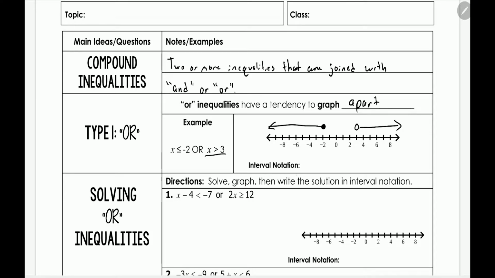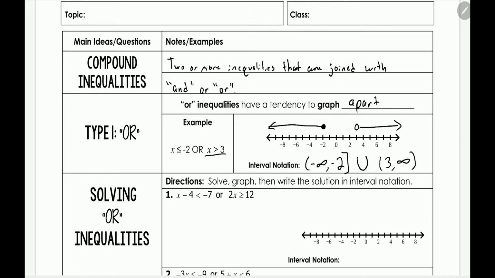So for the interval notation, we have negative infinity, comma, negative 2, and this has a bracket. And then we're going to be writing a U. This U stands for union. So this means negative infinity, comma, negative 2, unioned with 3, comma, infinity.